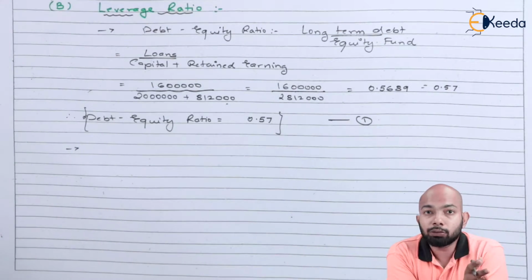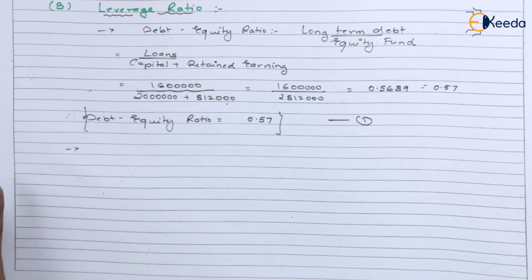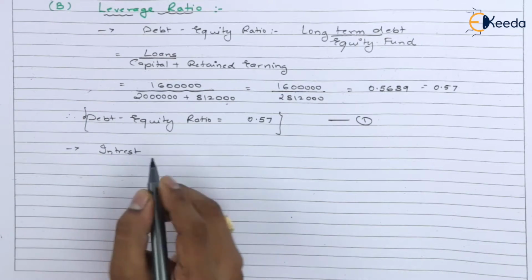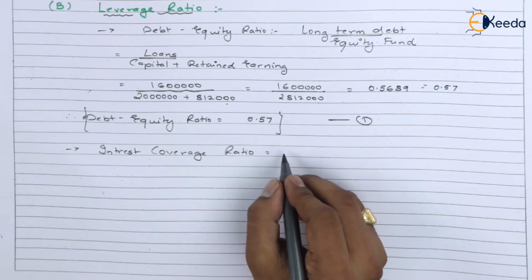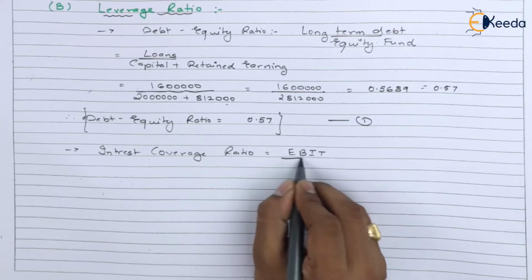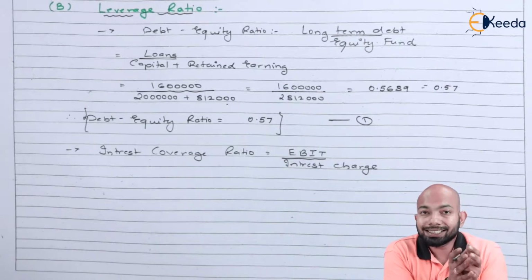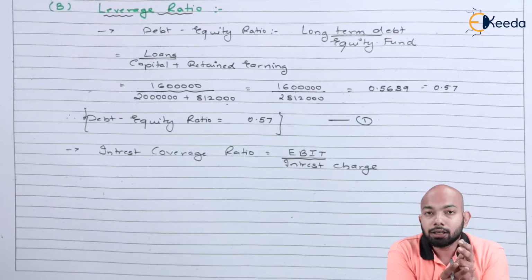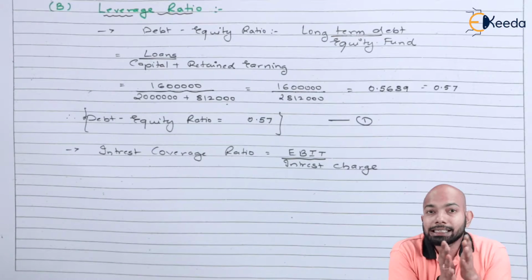Now the next ratio that we'll be covering is interest coverage ratio. The formula for interest coverage ratio is EBIT, that is earnings before interest and tax, upon the interest charge. That means how much interest has been charged here.